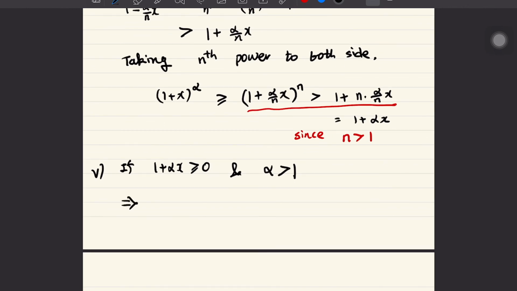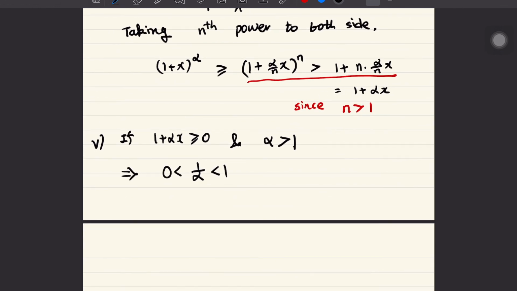Therefore, we got 1 over alpha is between 1 and 0. Therefore, (1 + alpha x)^(1/alpha) is less than or equal to 1 + 1 over alpha times alpha x. That is happening in the first case. That is equal to 1 + x.